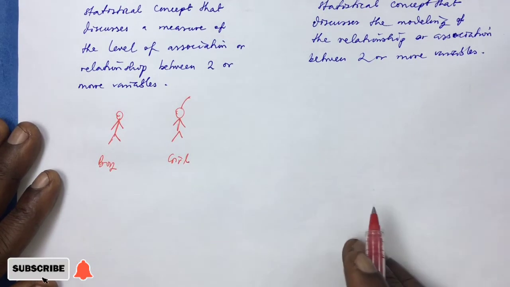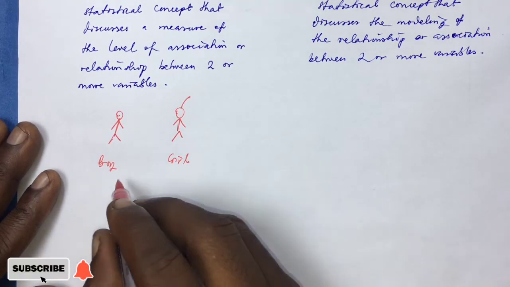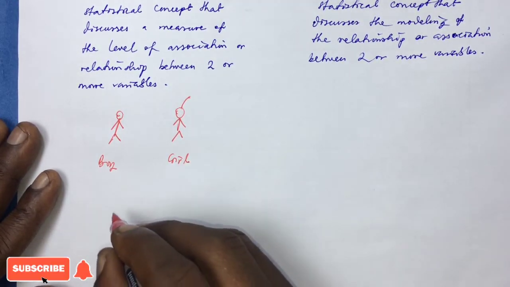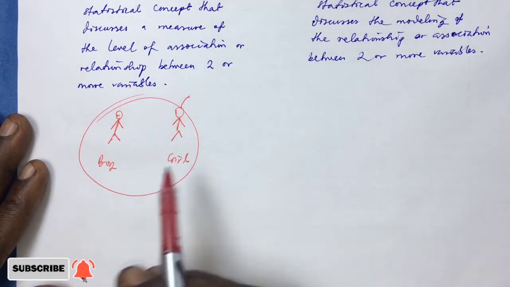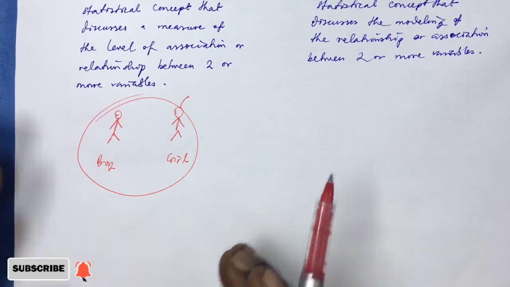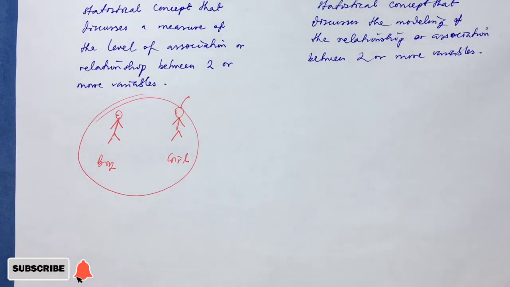So it is in correlation we say that they are related or not. It is in correlation we answer the question, are these two people, the boy and the girl, are they related? It is in correlation we answer that question, are they related? It is also in correlation we answer the question, how is their relationship rather?